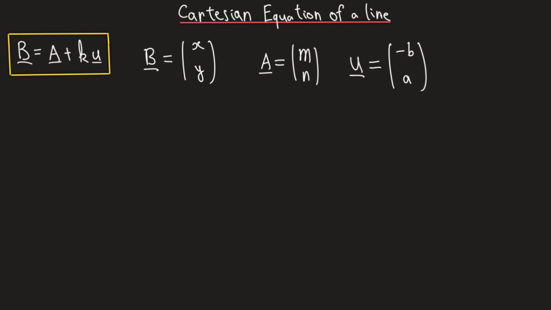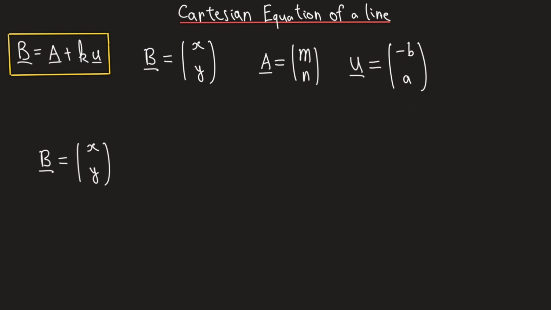And the reason for that will be clear towards the end of the video. As you will see, the Cartesian equation of the line we will write down will depend on these coordinates. And by writing our direction vector as minus b, a, our Cartesian equation will be in a clear format.